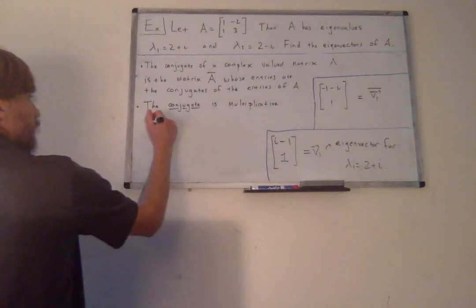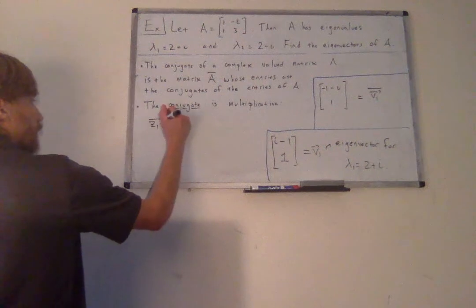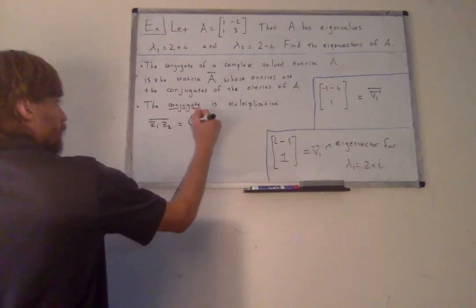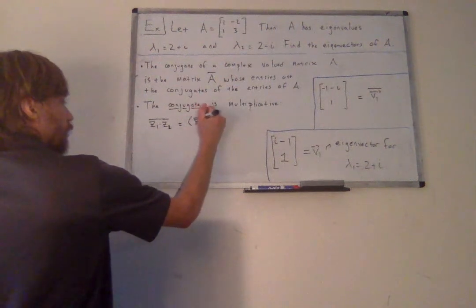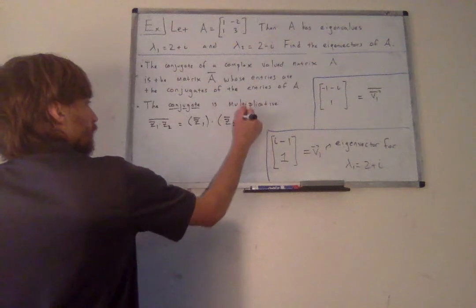So that is, if I've got two complex numbers z1 and z2 and I take their product and then take the conjugate, this is equivalent to taking their individual conjugates and then taking the product.